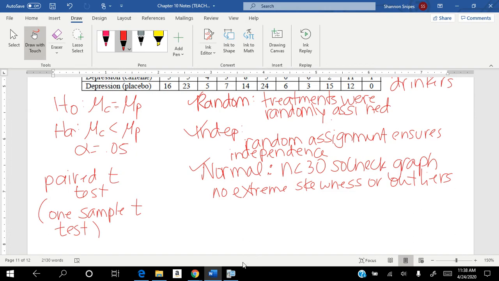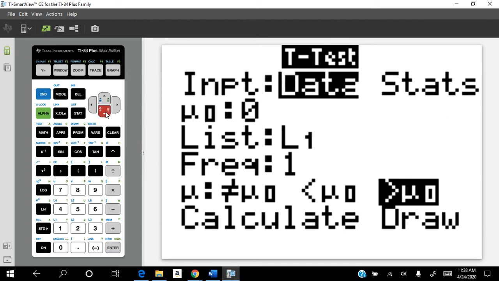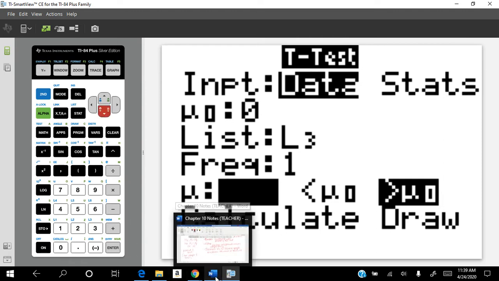So that's why we have 0 in as our default. This can change, but for this example, it is 0. But this time we're going to run our test on list 3 because we're running our test on the differences. And our alternative hypothesis was less than.